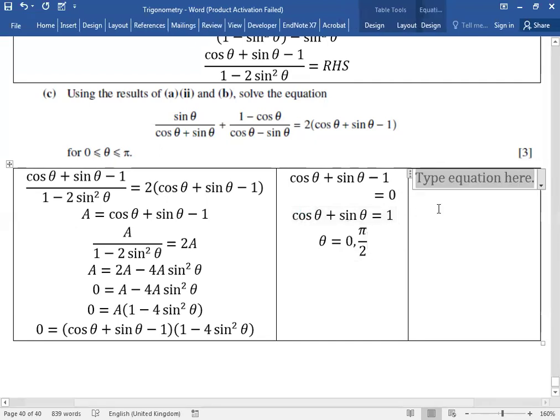Now what about the other one? 1 minus 4 sin square theta is 0. Can you solve this?